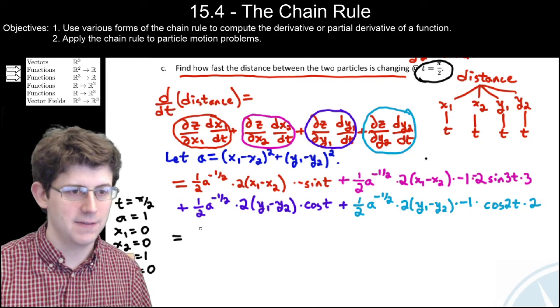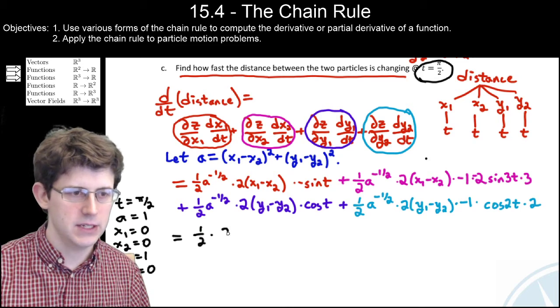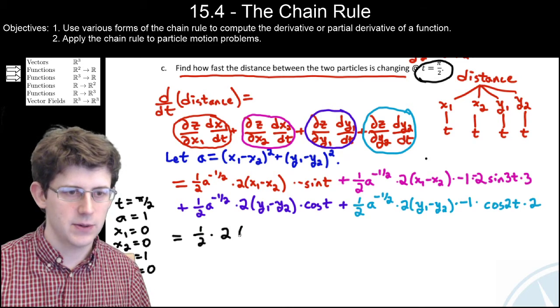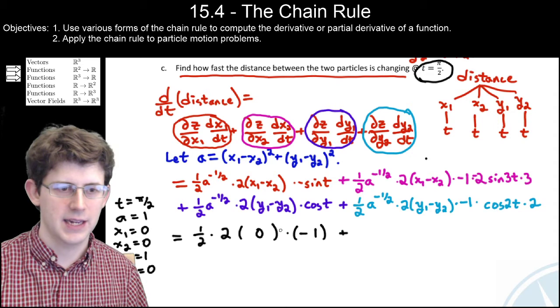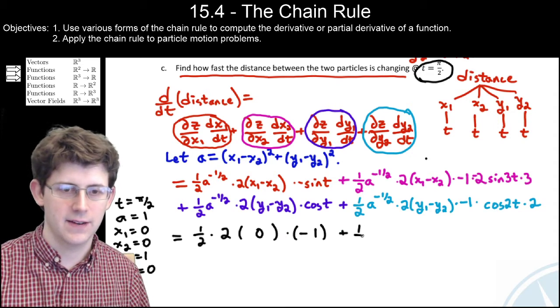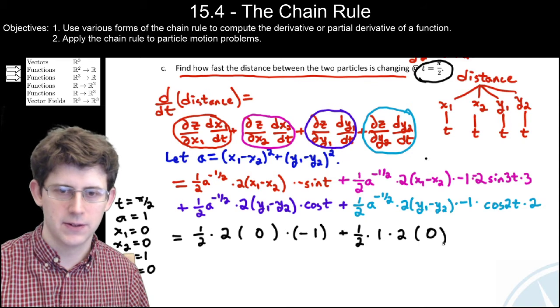So I'll have 1/2 times 2 times x1 minus x2 is 0 times minus 1. Okay, well that term is 0. Then I have 1/2 times 1 times 2. Ooh, this term's also 0, the pink term here.